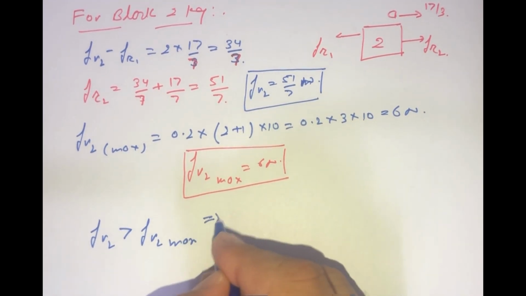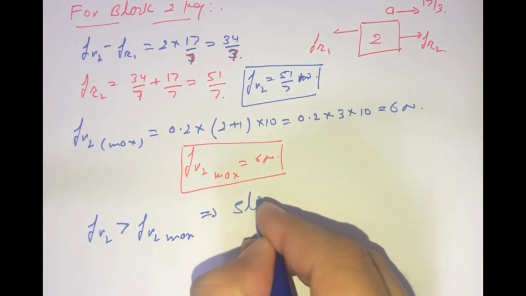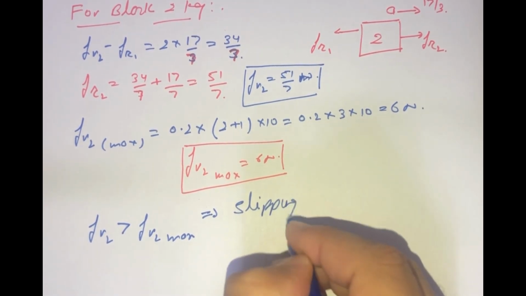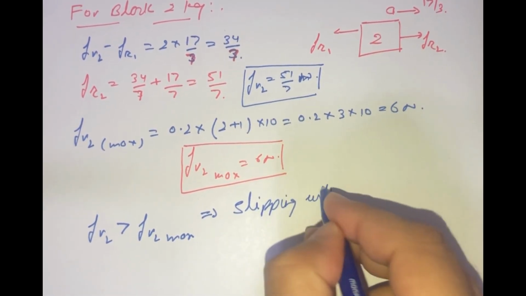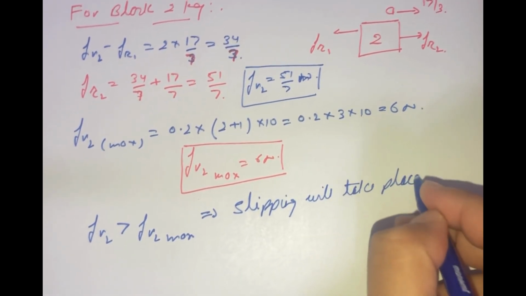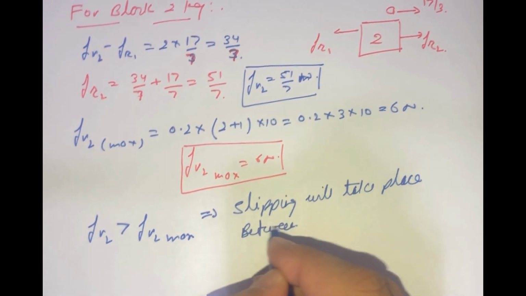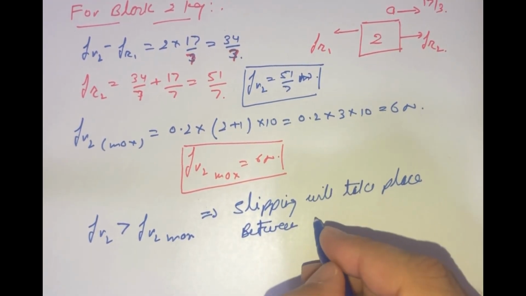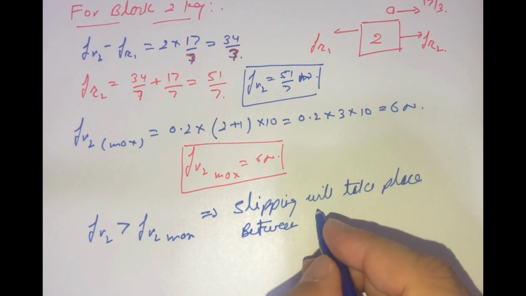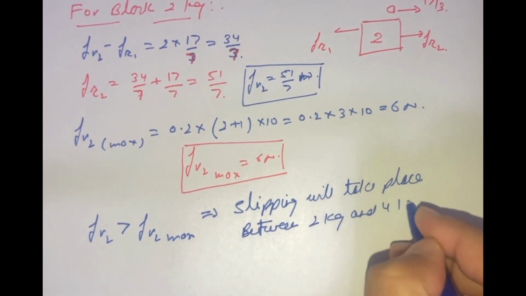So this means that slipping will take place between 2 kg and 4 kg.